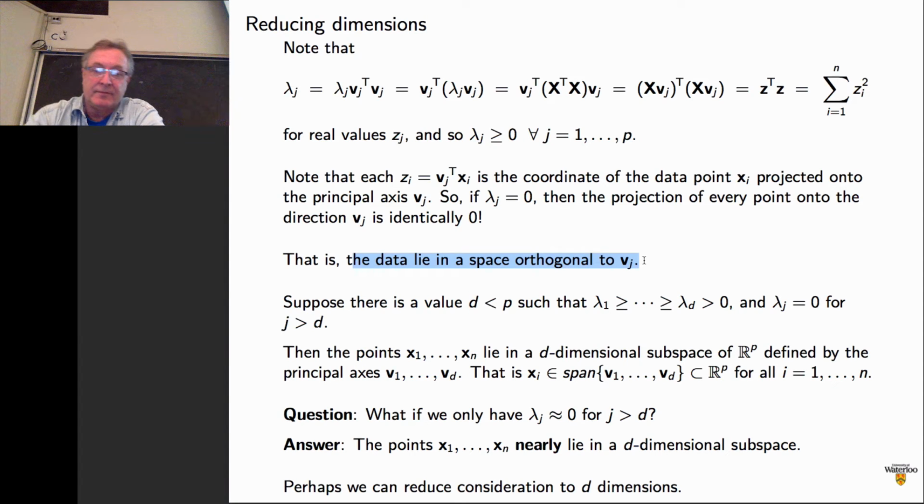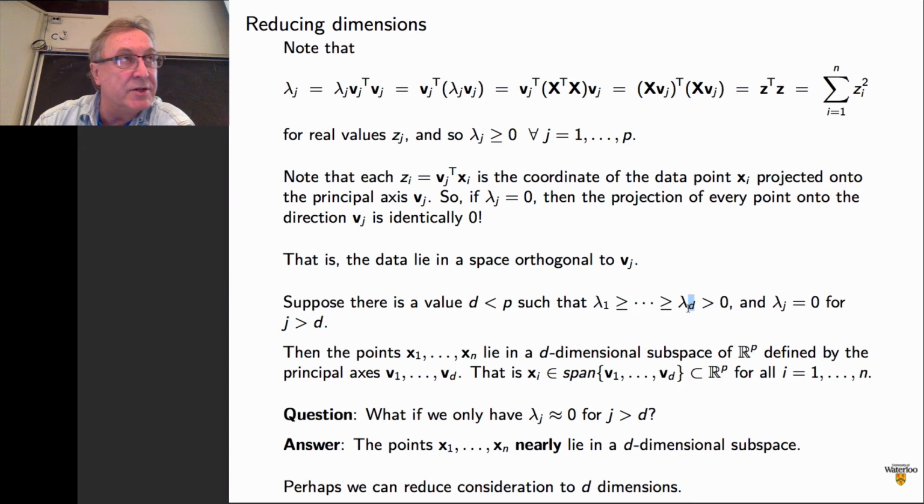Okay? So what becomes interesting is, so that's for any direction. So suppose I could find some collection of directions where all the lambdas are 0 or close to 0. Then I know the data live in the space orthogonal to all those directions. So what am I looking at? I'm going to look at ordering these eigenvalues from largest to smallest. There's going to be some number of them.